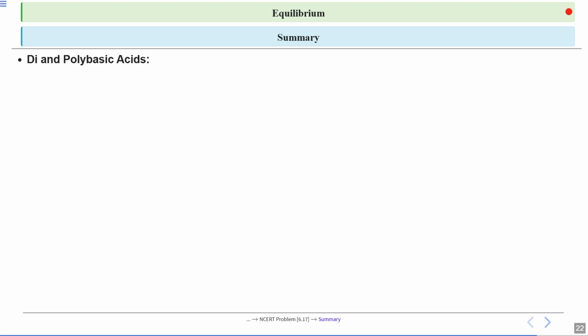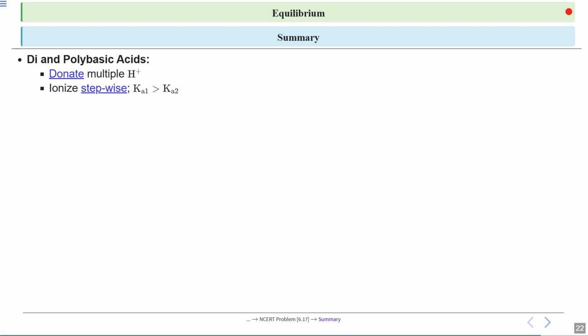Now let us summarize all that we have studied today. If you consider a di and polybasic acid, then they can donate multiple H plus. In that process, each ionization constant related to each step will have a lesser and lesser value as you move from the starting ionization. So K1 will be greater than K2.